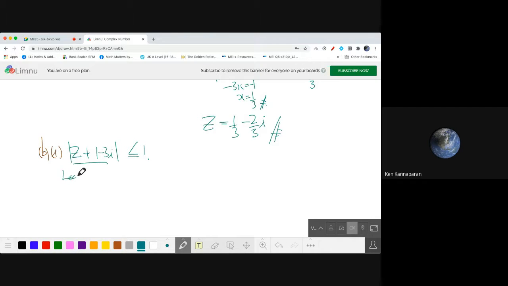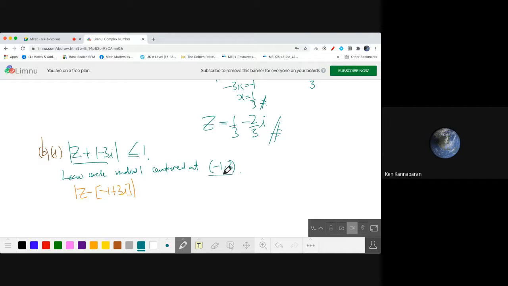The locus is a circle, radius 1, and what is the center? To find that you can change this into z minus (-1 plus 3i). So therefore it is centered at negative 1, positive 3.